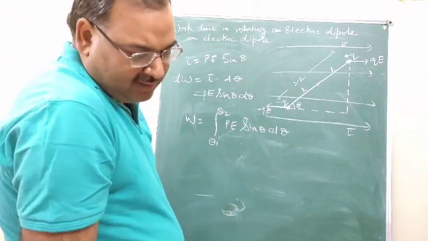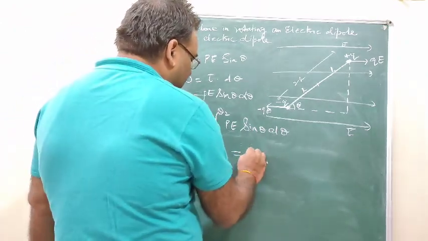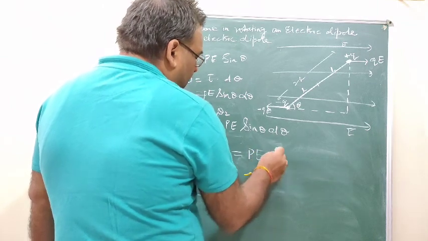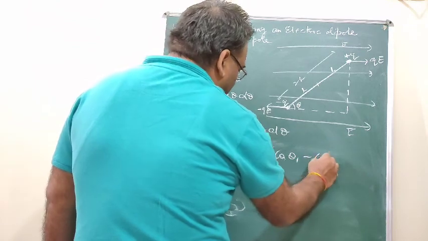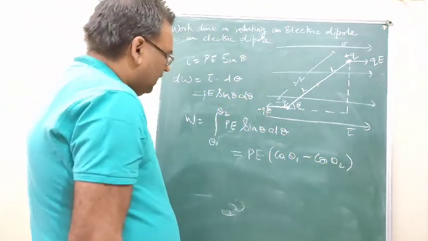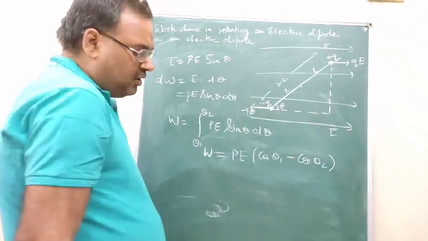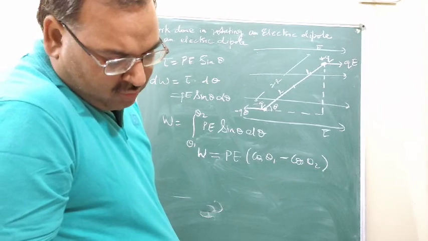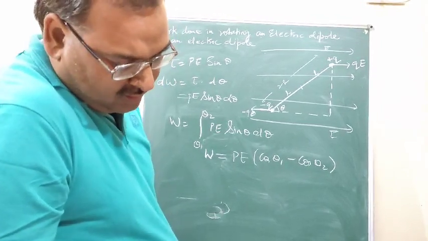On solving, this is equal to PE cos theta 1 minus cos theta 2. So work done will be equal to PE (cos theta 1 minus cos theta 2). Okay, that is the work done.